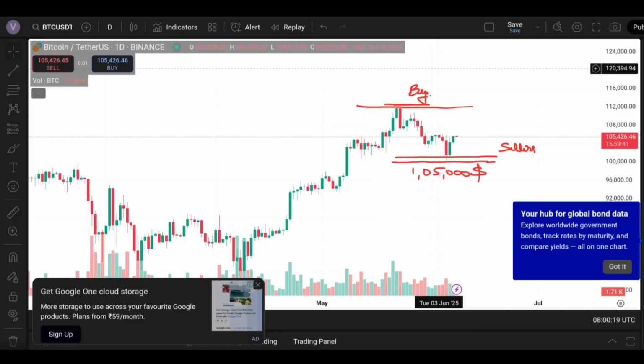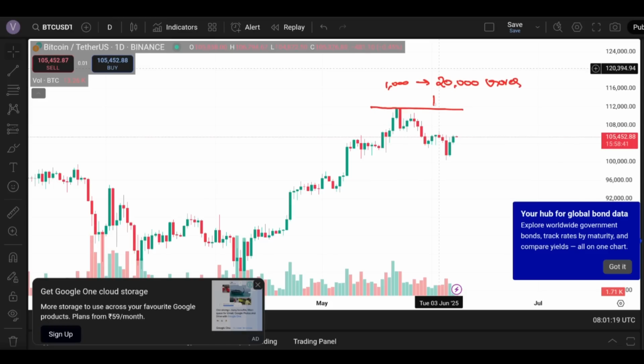sellers. Now, if big institutions or whales want to take huge positions, they'll not buy at this $1,12,000 zone. They'll grab the liquidity that's at the $1,05,000 range. Guys, usually whales try to manipulate the market as much as possible and they try to buy at very cheap prices. For example, let's assume that thousands of people went long with 20,000 crores at this $1,12,000 range.